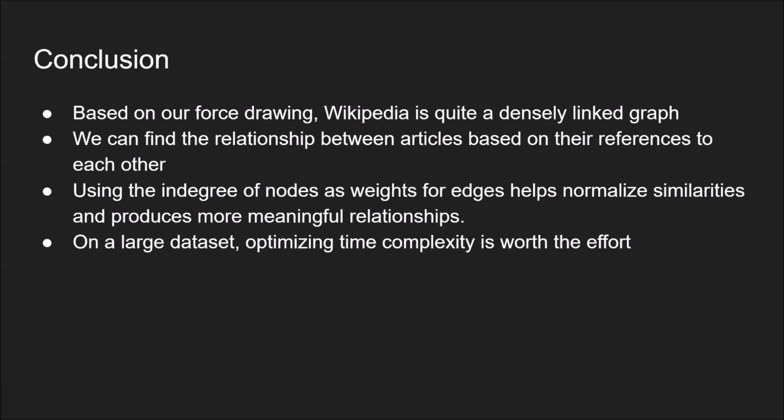And finally, we realized that on a large data set like ours, optimizing time complexity is worth the effort. For example, using KD trees improved our runtime by a factor of 2 on a data set of 1,000 nodes.